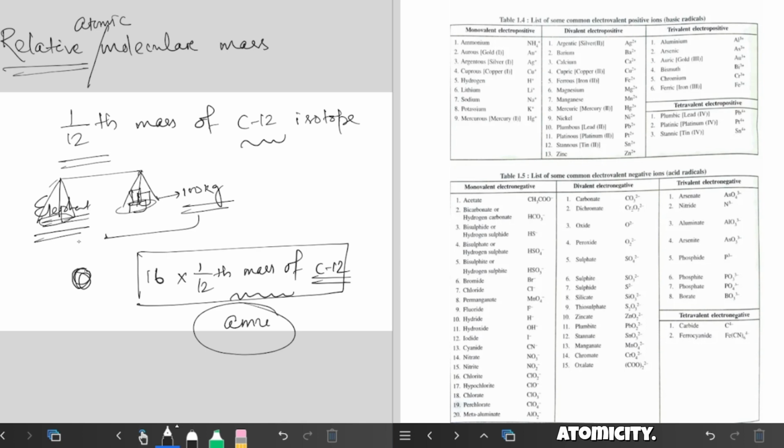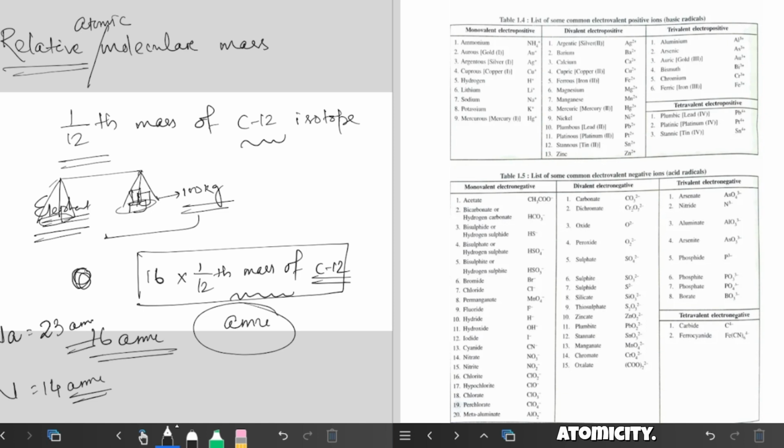So if I ask you what is the relative atomic mass of oxygen, you will simply say 16 AMU, right? What is the relative atomic mass of sodium, you will say 23 AMU. The relative atomic mass of nitrogen will be 14 AMU, right?